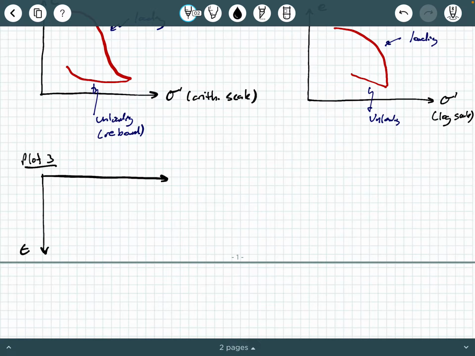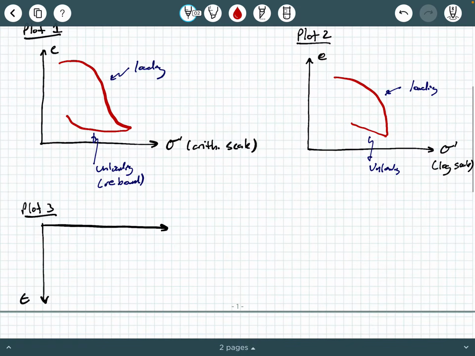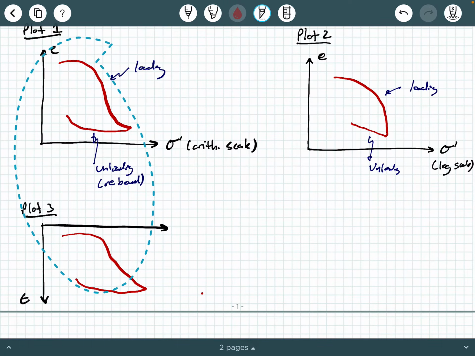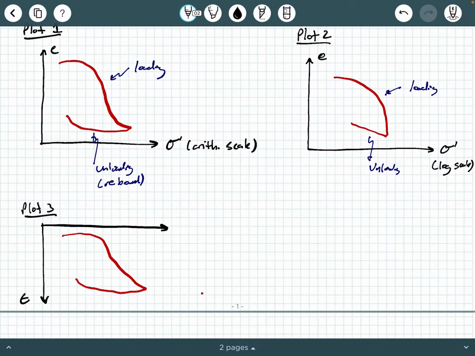And so guess what? You're actually going to get a plot that's very much the same shape as plot 1. So it'll look something like this. Now, again, the numbers will be different. Why? Because you're plotting strain here. And this is, of course, sigma prime on an arithmetic scale again.